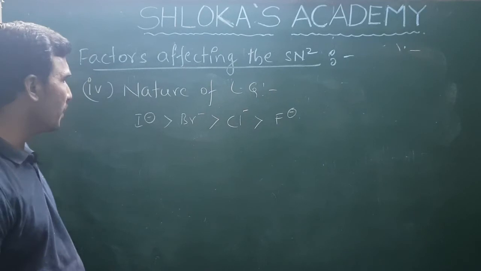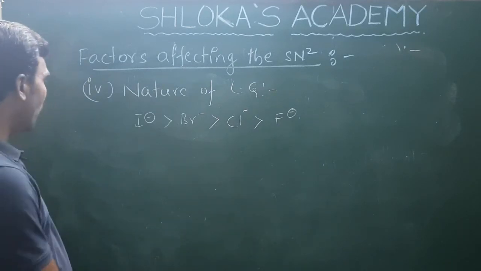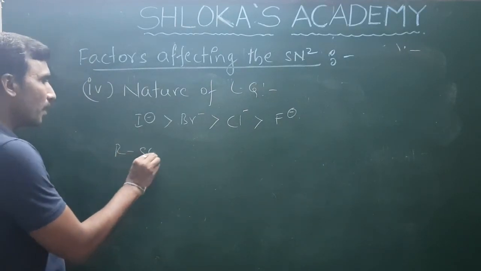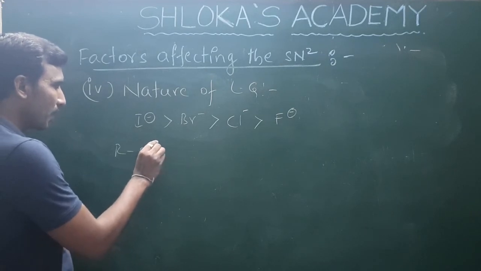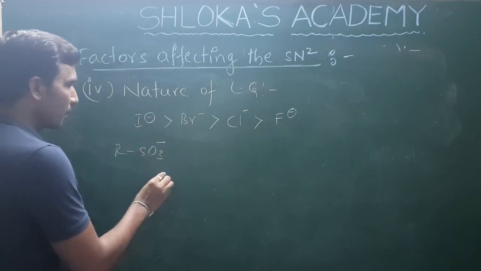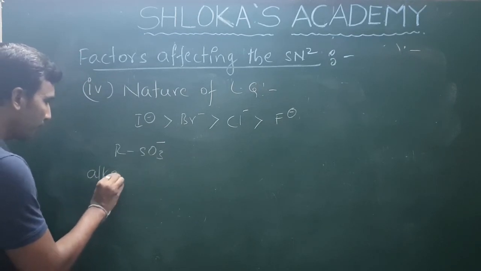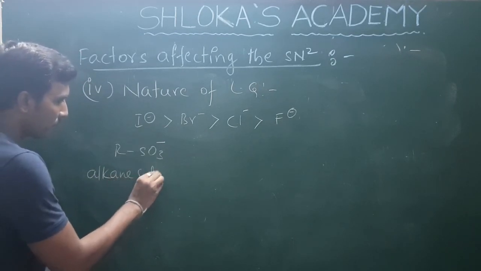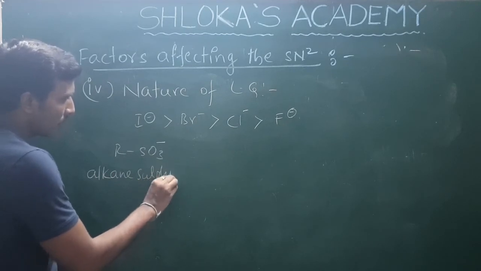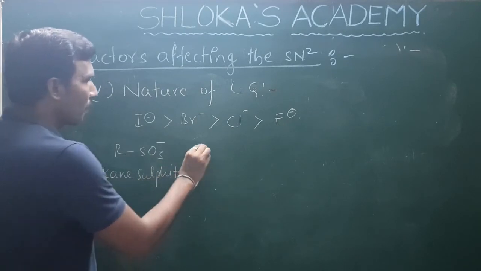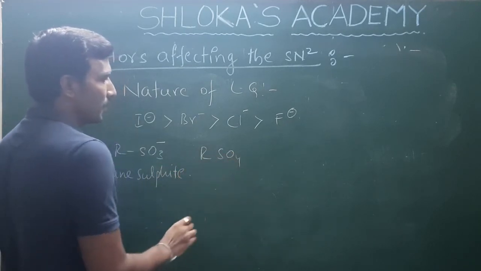Other than alkyl halides, there are some good leaving groups like alkane sulfonate, alkane sulfite, RSO4 minus.